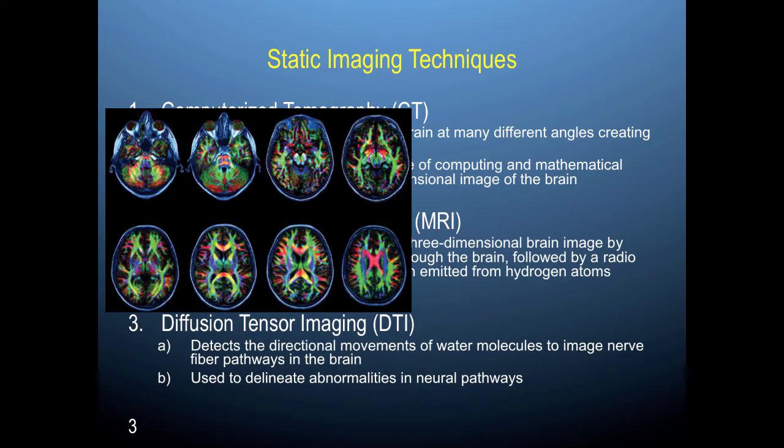So you look for this long, narrow nerve fiber pathway, and you can try to find the direction of the small tubular water molecules. And in finding the axis along which it sits, you can map out these white matter tracts or white matter fibers throughout the brain.